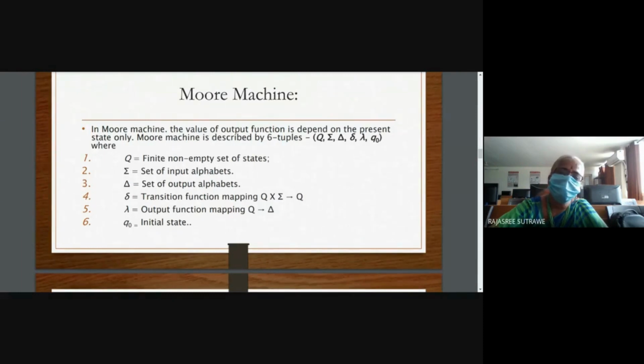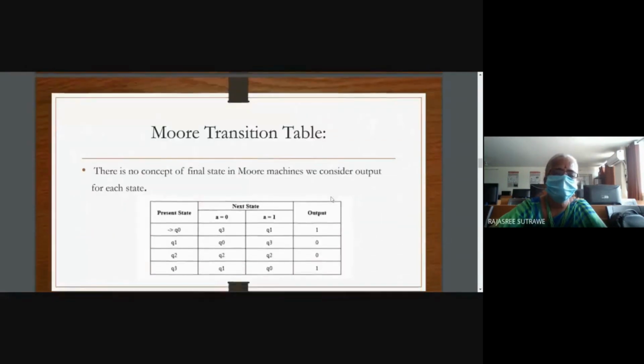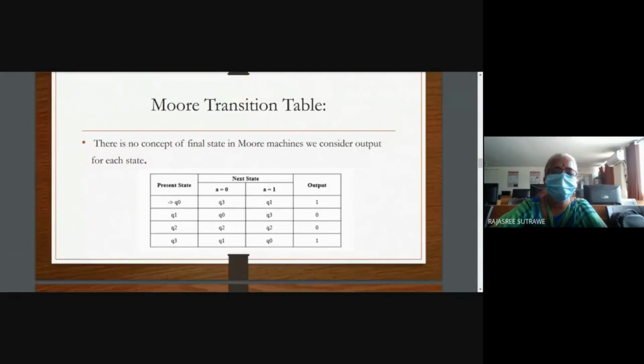There we write O, here we write Delta, that's the only difference. There we wrote X, here we write lambda. Q naught is the initial state. The tuple is the same, only the delta symbol and the lambda symbol are changed. Then coming to the Moore transition table, this is our Moore transition table.